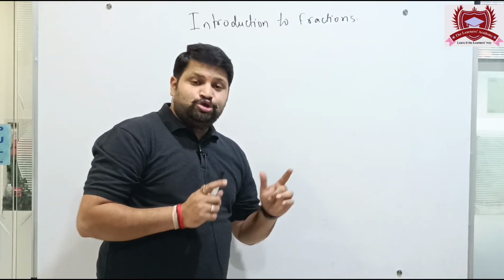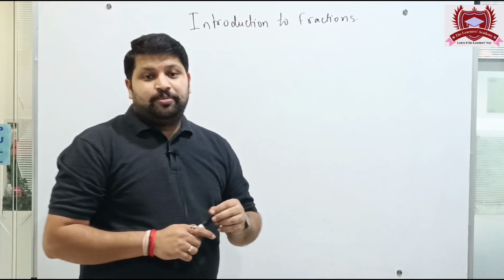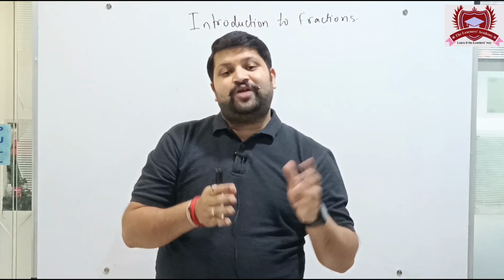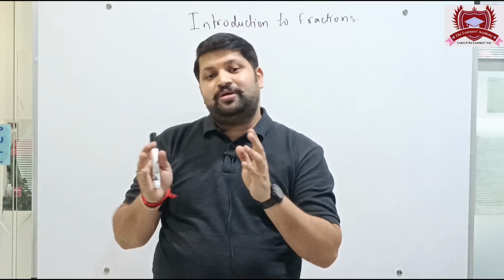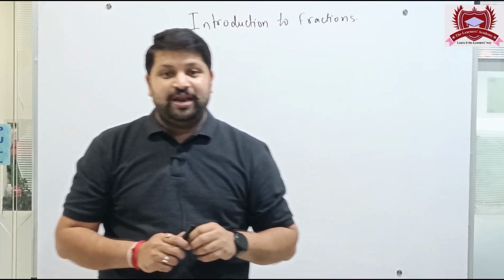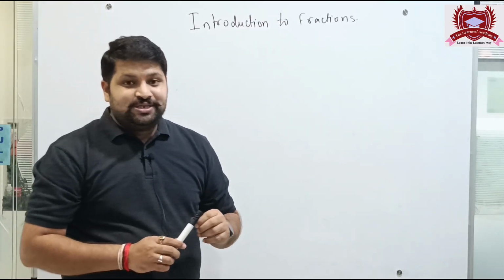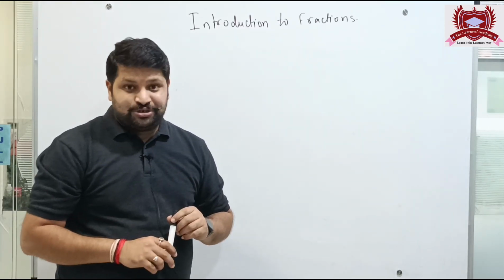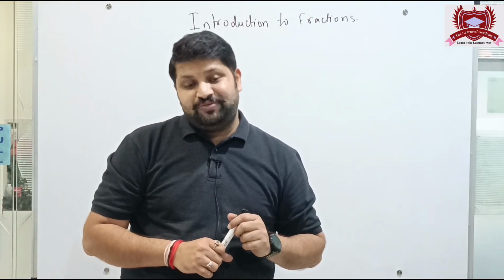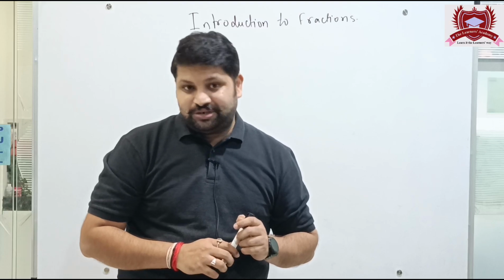Fractions can also be differentiated by considering their denominators. If two fractions have the same denominator in their simplest form, then they would be called like fractions. However, if they have different denominators, then we will call them unlike fractions.